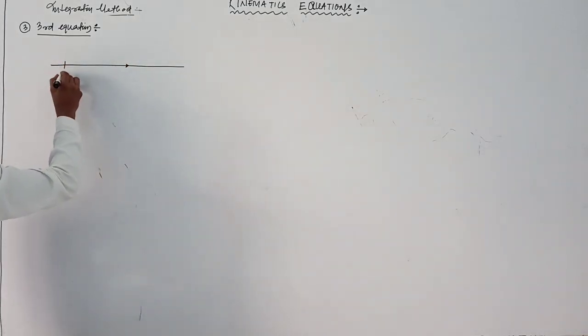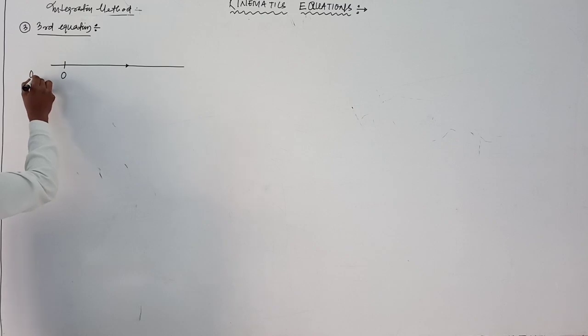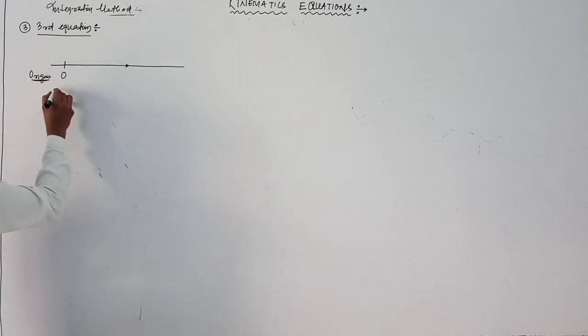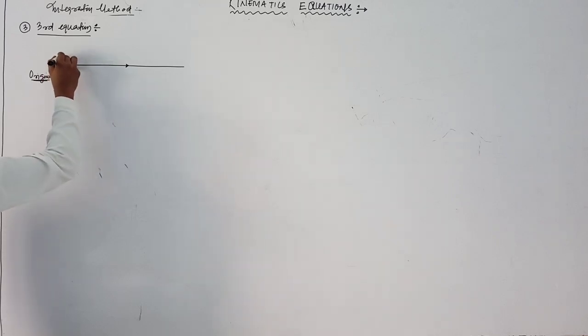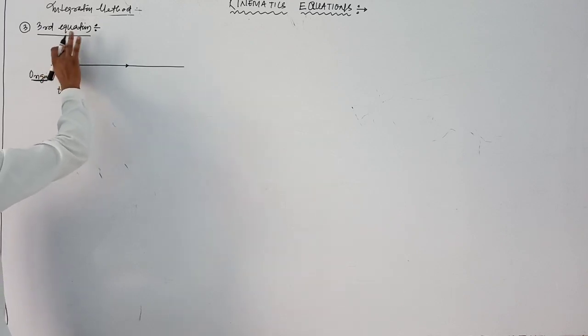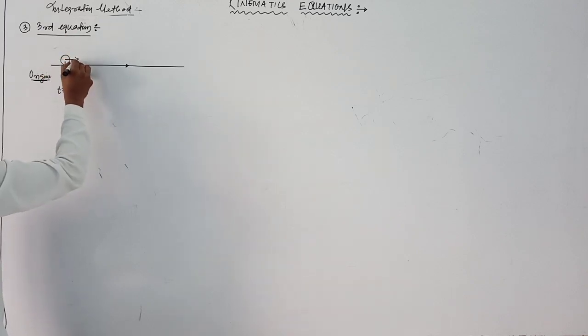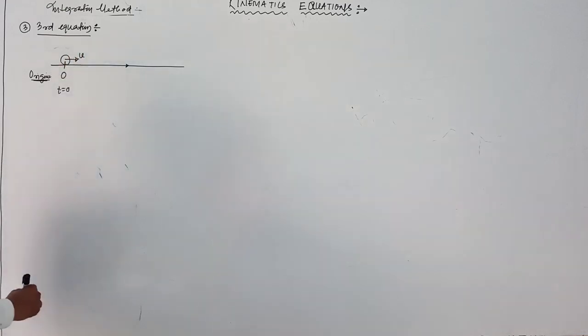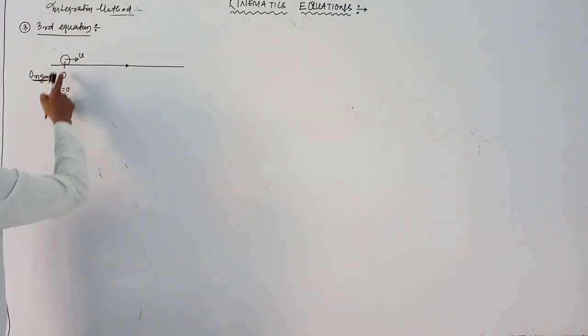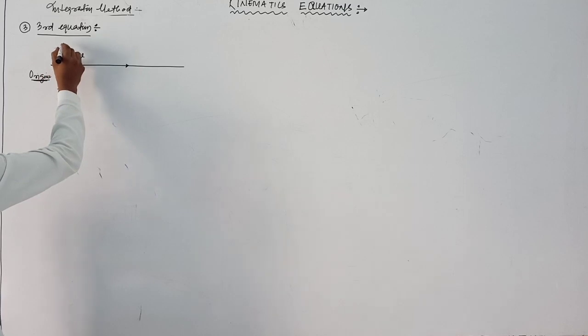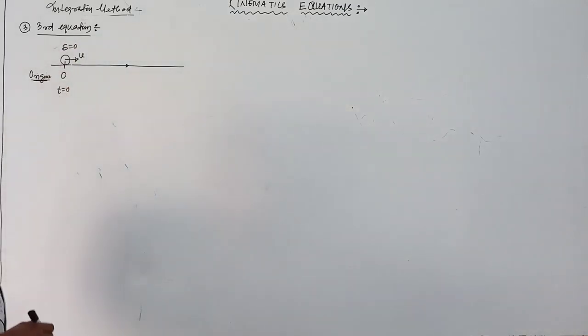suppose this is the initial point and this is the origin. Origin is important because all the distances can be measured from this point. When time t equals 0, suppose there is a body moving with a certain velocity, and that velocity is known as the initial velocity of the body. Clear? And at this time t equals 0, the distance traveled by the body is s equal to 0. Clear?